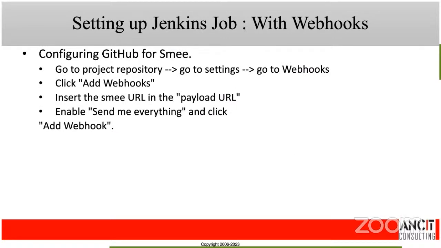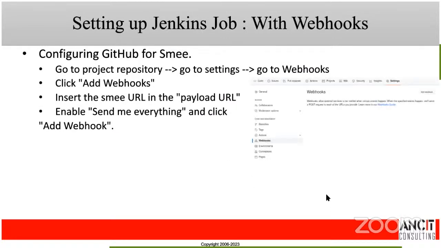What you need to do is go to your project repository. In your project repository, you can go to settings and go to this option called webhooks. In webhooks, on the right corner, there is an option called add webhook. In that option, you get a payload URL.